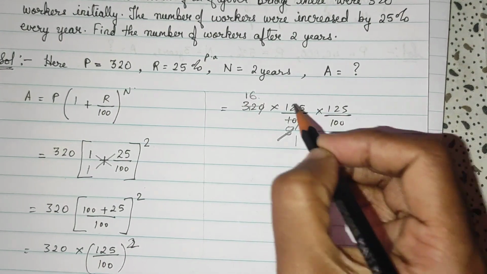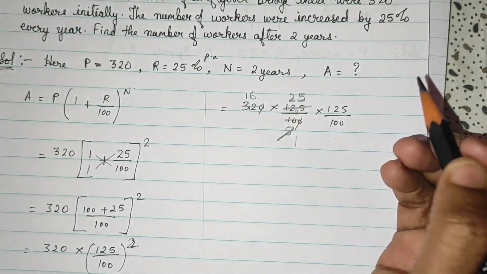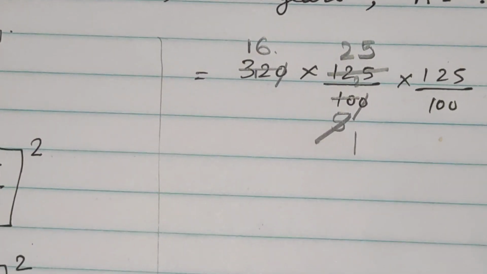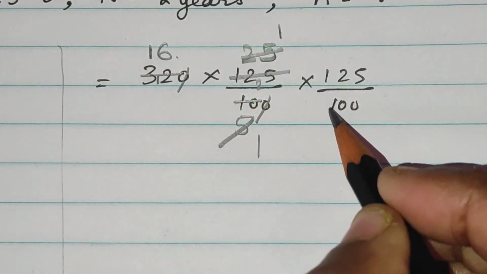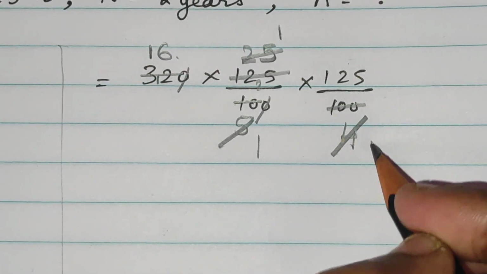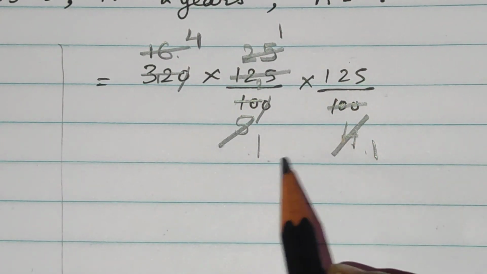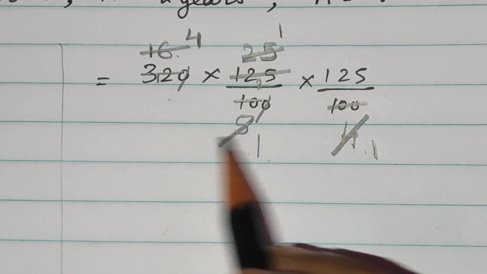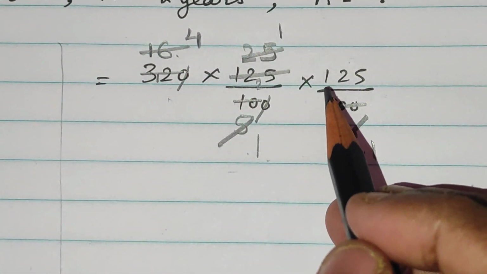Now 5 1s are 5, 5 2s are 10, 2 carry, 5 5s are 25. Then now 25 1s are 25, 25 4s are 100, 4 1s are 4, 4 4s are 16. So the denominator is completely cancelled. There is nothing left in the denominator. So our cancellation is over.